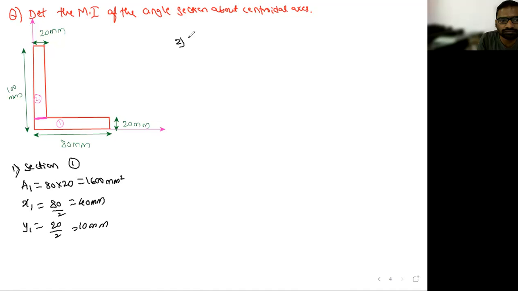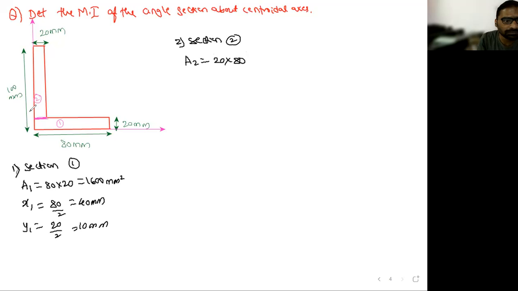Then the second section. Section 2 is also a rectangle. So the area of this section is B into D. What is the breadth? 20. And the depth: 80 or 100?